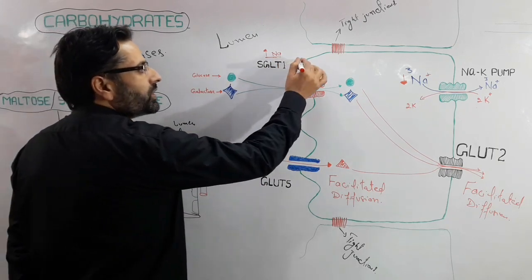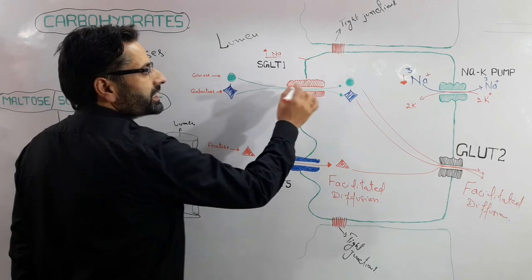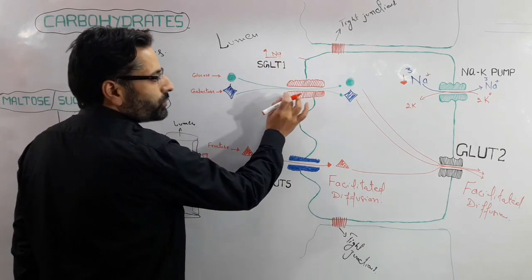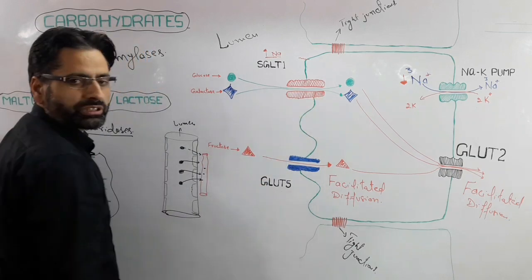They cannot cross this plasma membrane at this side. They will cross this plasma membrane only through these transporters.